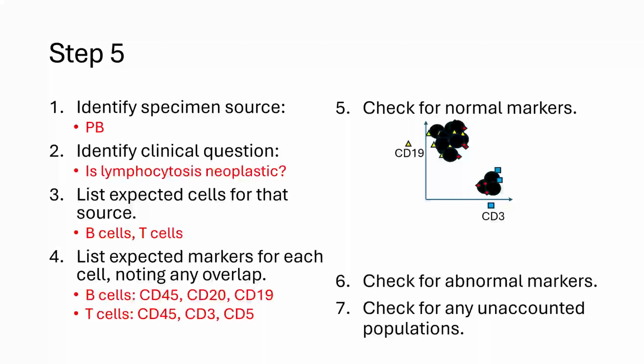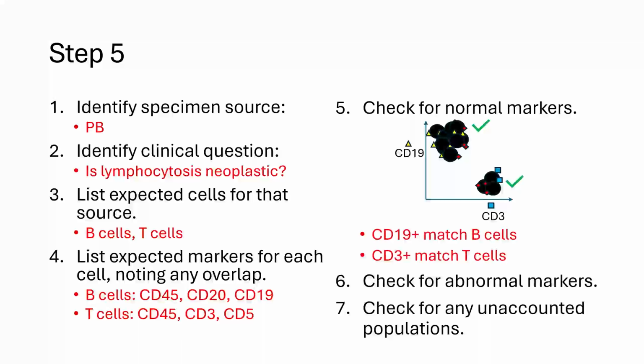Step 5, check for normal markers. In our charts, we had CD19 to pull out one population and CD3 to pull out the other population. CD19 is normally seen on B cells. CD3 is normally seen on T cells. So check and check.